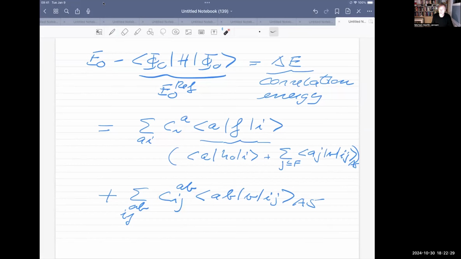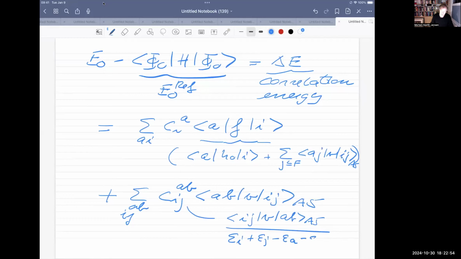And if we do many-body perturbation theory to second order, we are going to see that this coefficient is simply given by the anti-symmetrized matrix element <ij|V|ab>, divided by the single particle energies, epsilon_i plus epsilon_j minus epsilon_a minus epsilon_b. And this is perturbation theory, PT, to second order.